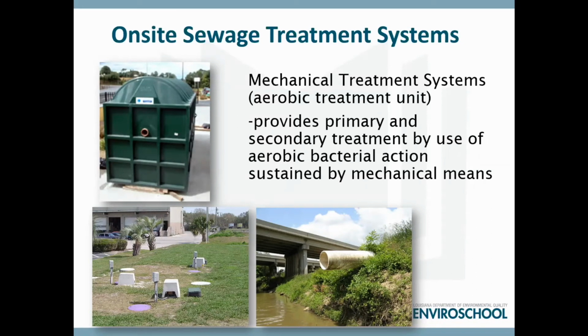And we do this by blowing air into it or stirring that water up, basically getting oxygen to the bacteria, so that aerobic bacteria does what it does and breaks down the solids. The top left corner, that green tank, is what one of these ATUs looks like before they're installed. The bottom left corner is generally what I see when I'm out in the field looking for them.